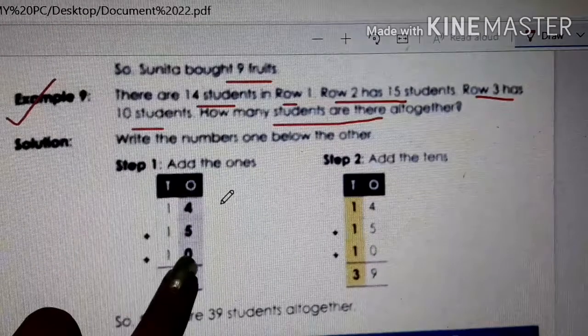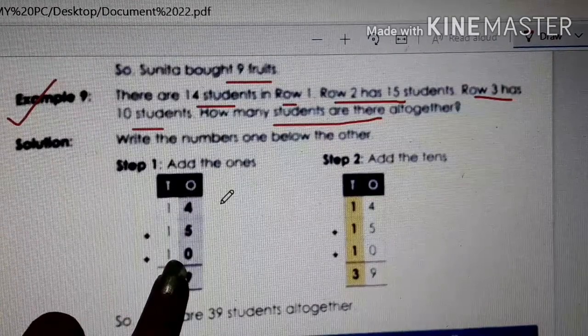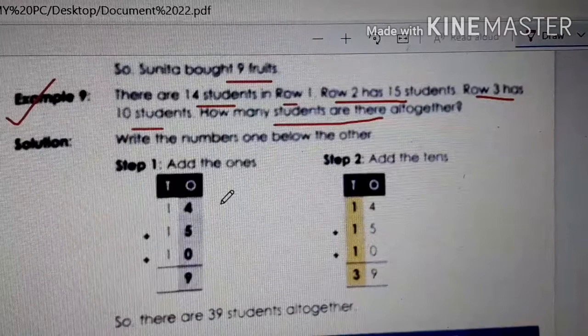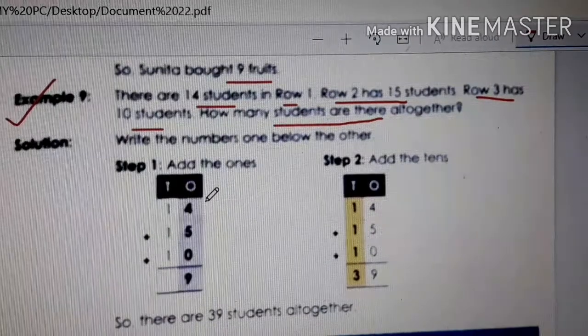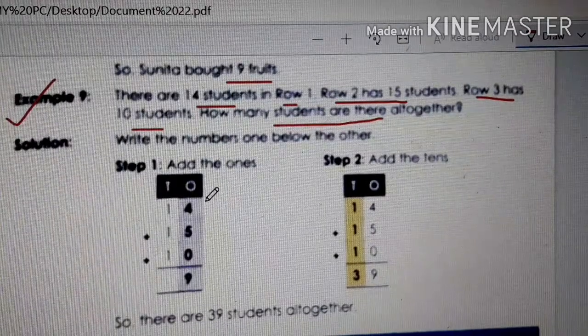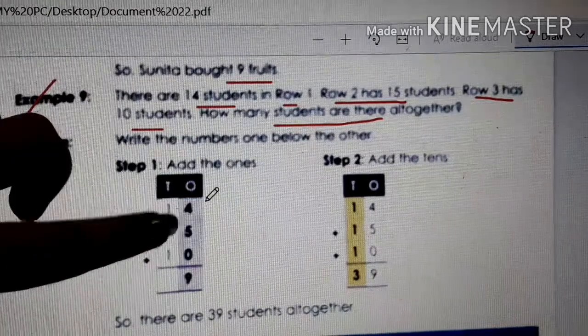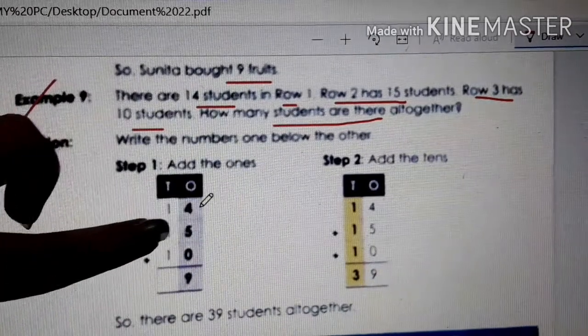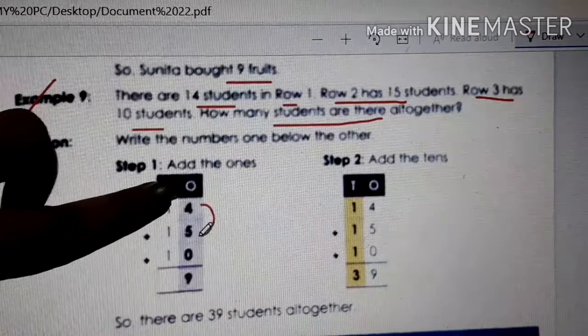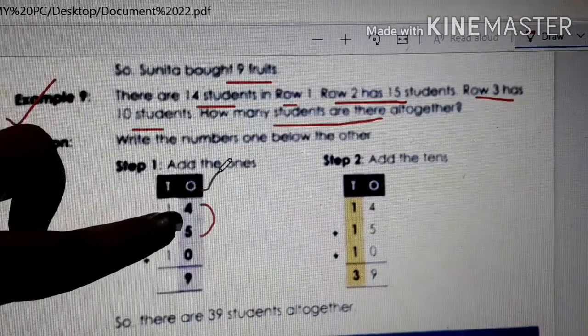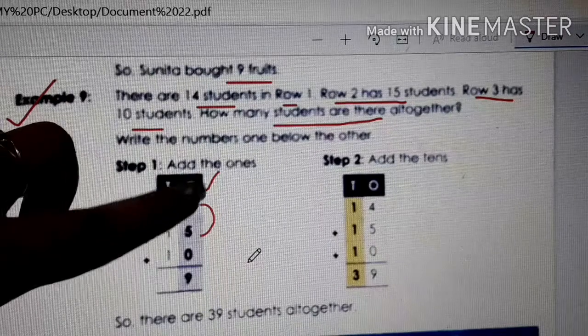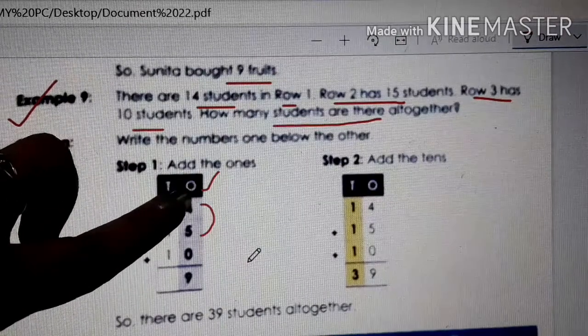You will write in the third line 1, 0. Is it clear? So you know how to add two-digit numbers, isn't it? So what we are going to do? First we are going to start counting from the ones place.